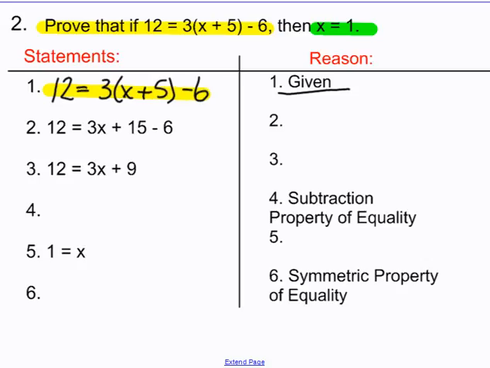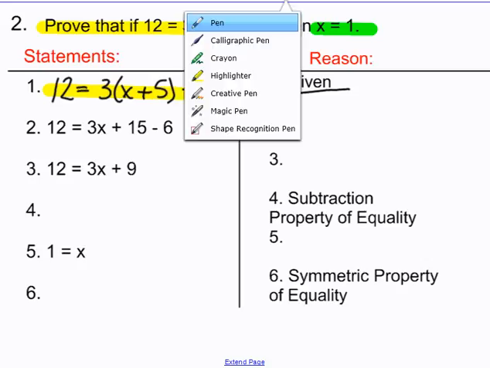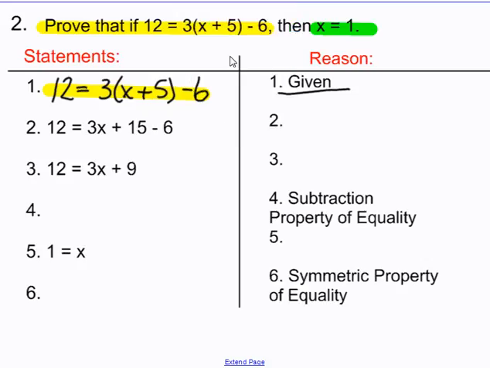I also know that when they ask me to prove something, it's that x equals 1, I know that that needs to go in the last step. So I'm going to write that in the last step. Well, I feel better already. There's not so many blanks anymore.